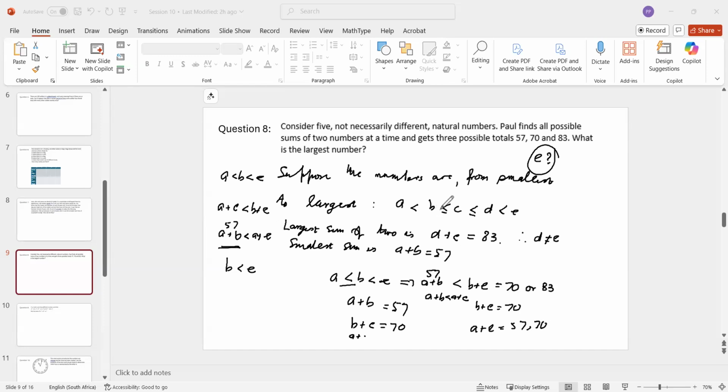Okay, so eventually you get to the conclusion that all these are the same. B equals C equals D, right? Because you only got three possible sums, right? So all of them are the same, and they all will be, because B plus C will be 30, 70, and they're equal, so all of them are 35.